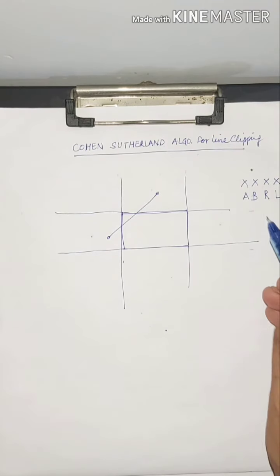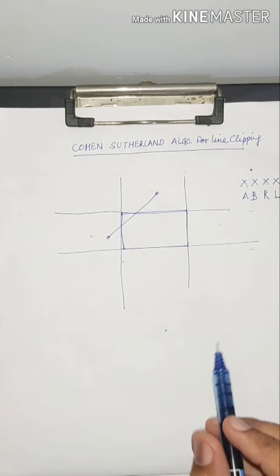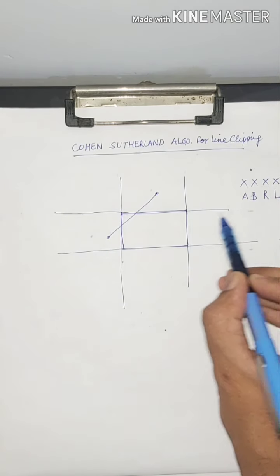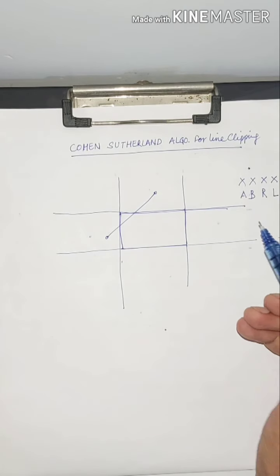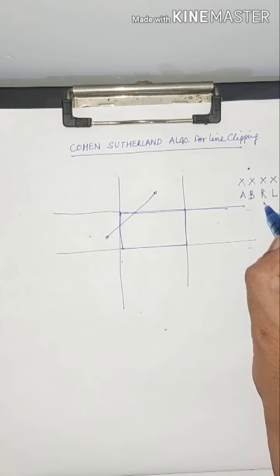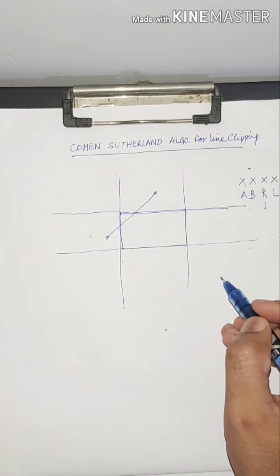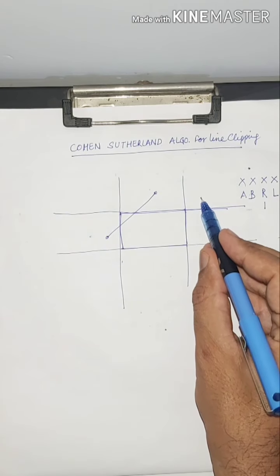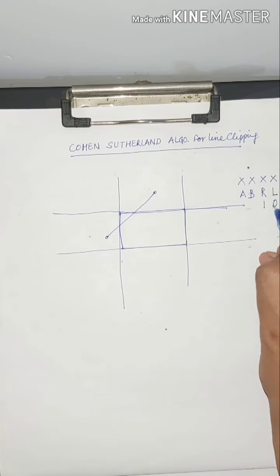So now every point is assigned a region code. First of all, let's check what will be the region code for this area. This area is to the right of the window, so its right bit should be 1, and of course, this portion does not lie on the left of the window, so left will be 0.